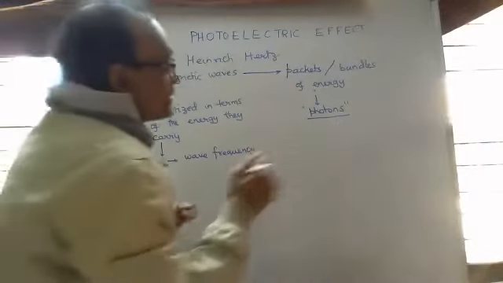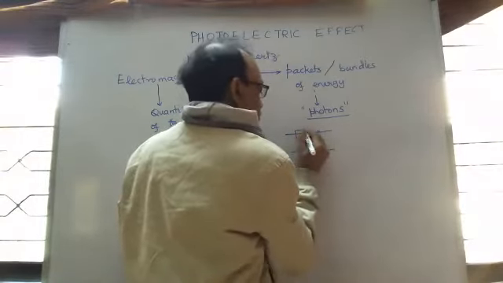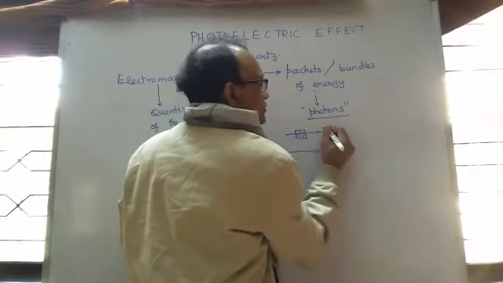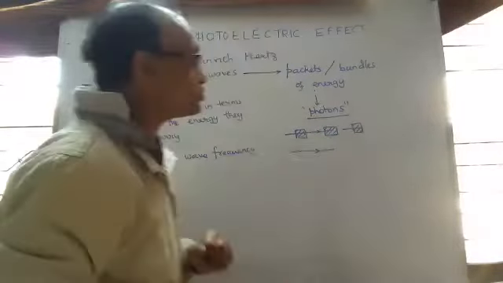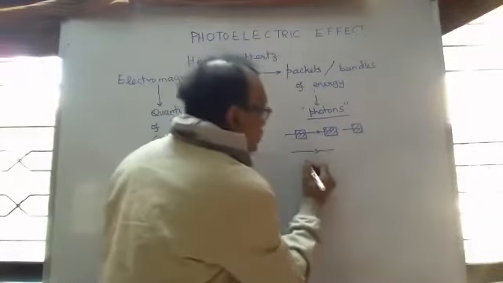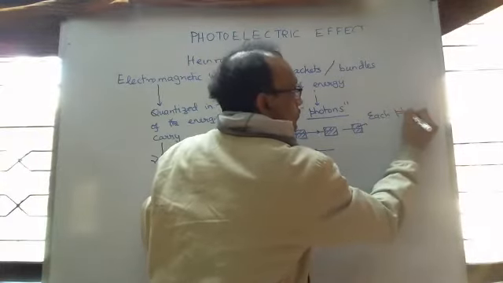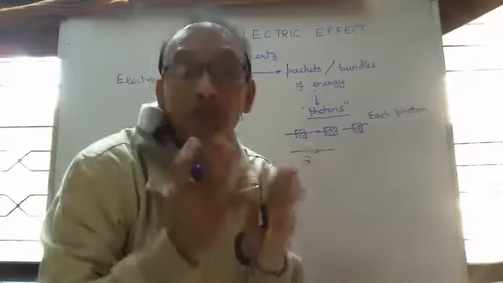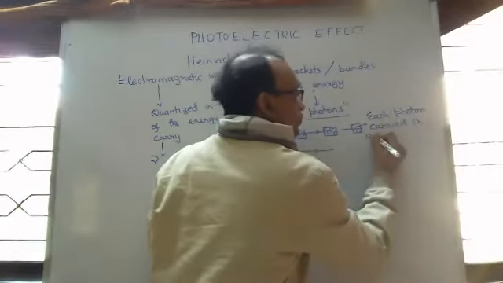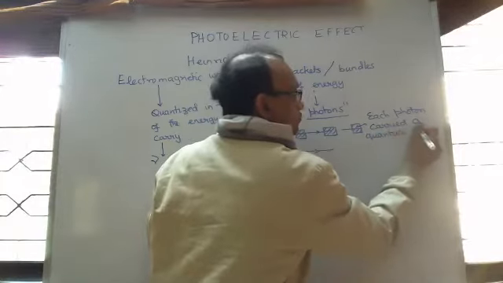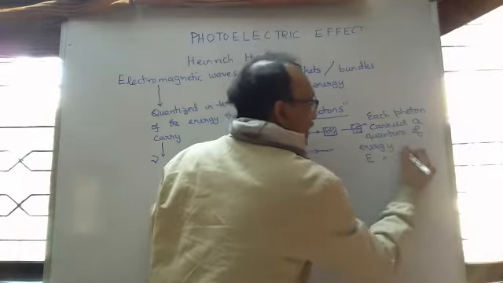That means if this was an electromagnetic wave, I can conceive this to comprise several bundles of energy called photons, and if nu was the frequency of the wave, then each photon carried a certain quantum of energy, E, which was h nu.